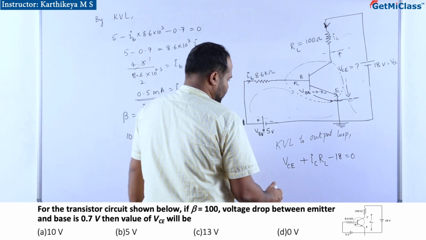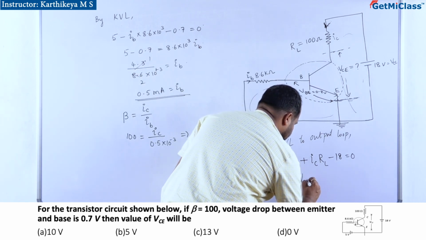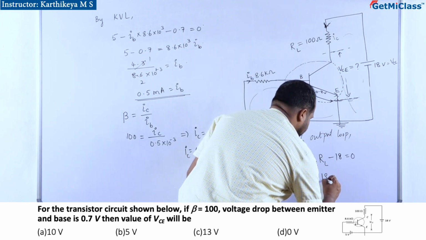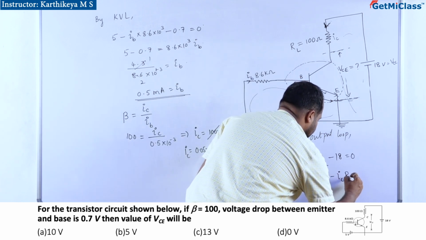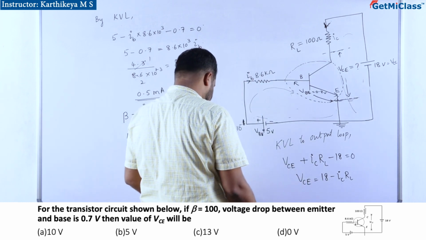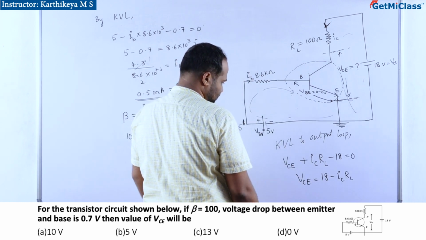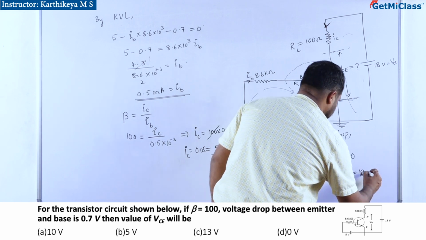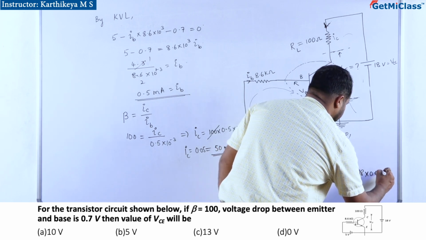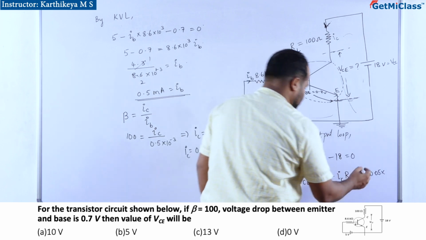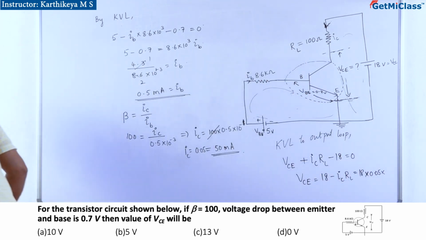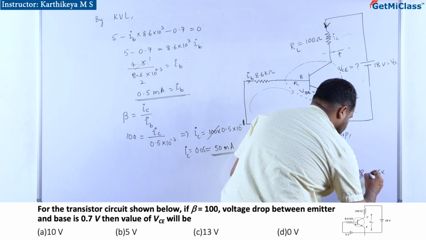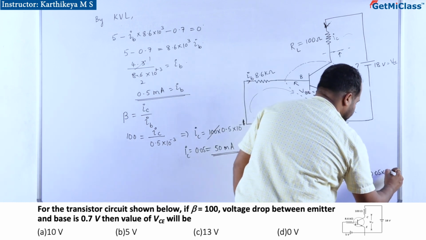So VCE will be equal to 18 minus IC RL, IC into RL. So that is 18 minus 0.05 ampere of current into 100.